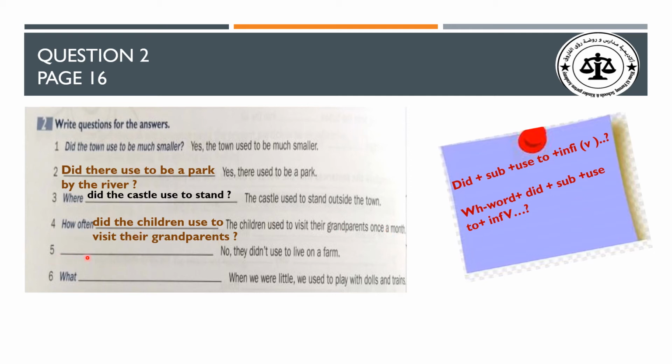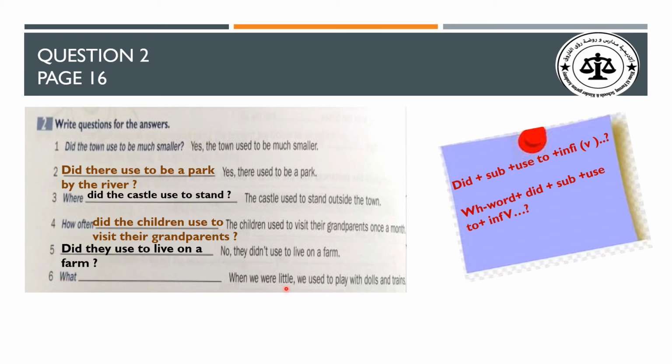Number 5, this is a yes or no question. No, they didn't used to live on a farm. So the question is, did they used to live on a farm? No. Yes. The last one, what? We want to ask about a thing. Let's think about it.